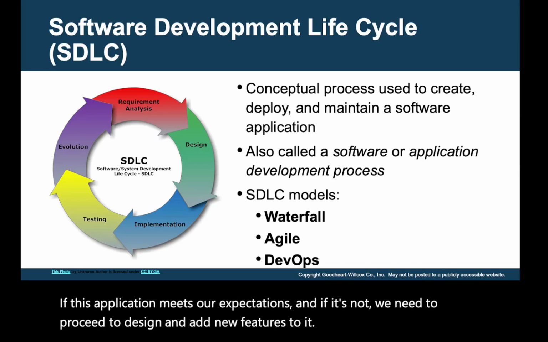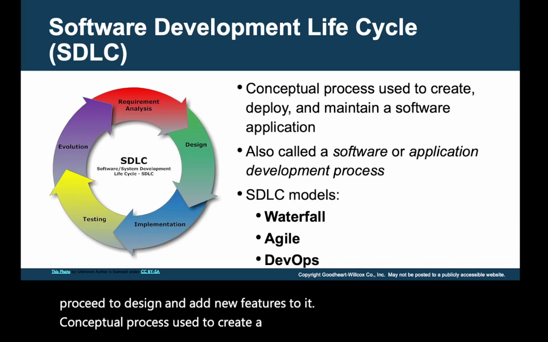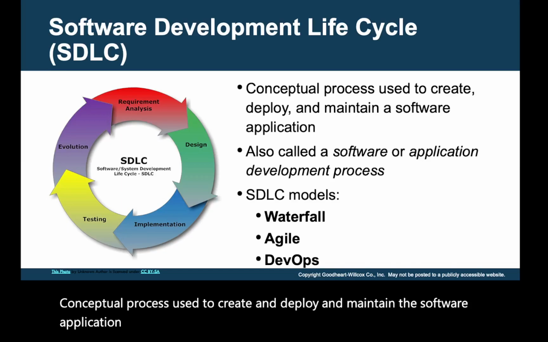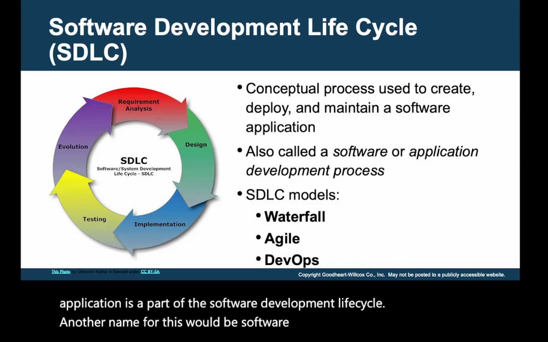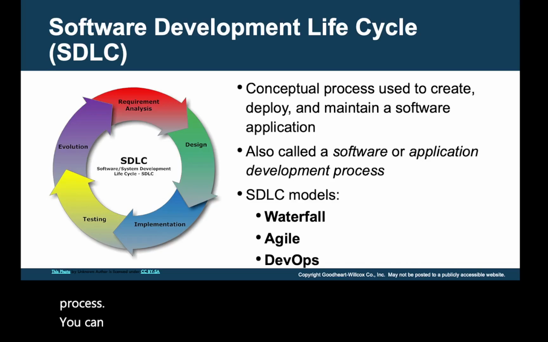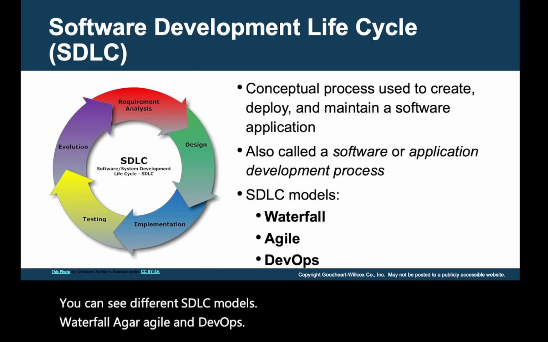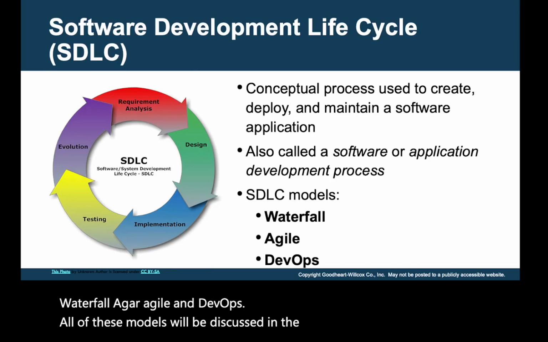The conceptual process used to create, deploy, and maintain a software application is part of the software development life cycle. Another name for this would be the software or application development process. You can see different SDLC models: waterfall, agile, and DevOps. All of these models will be discussed in a moment.